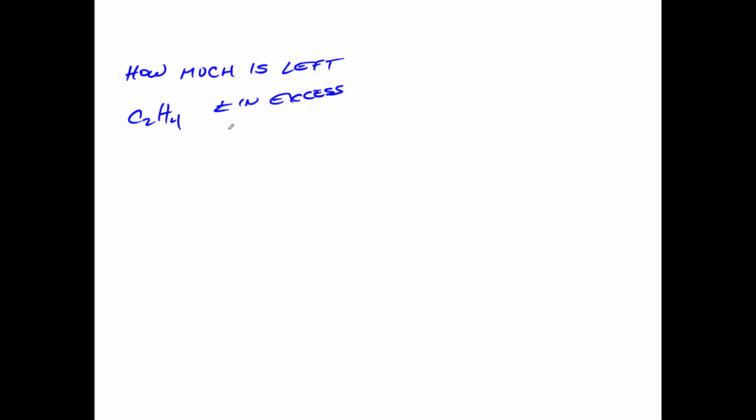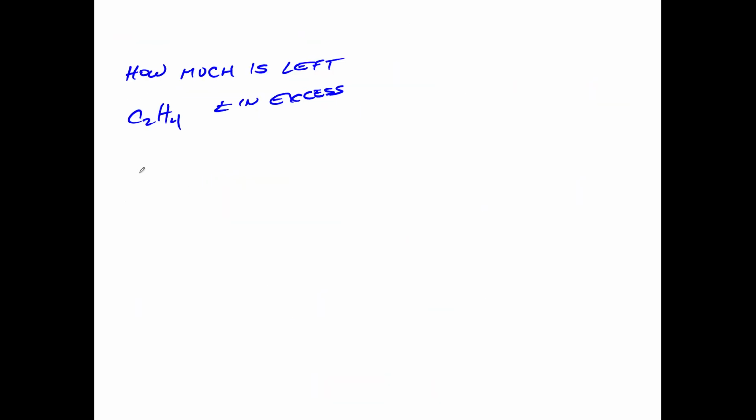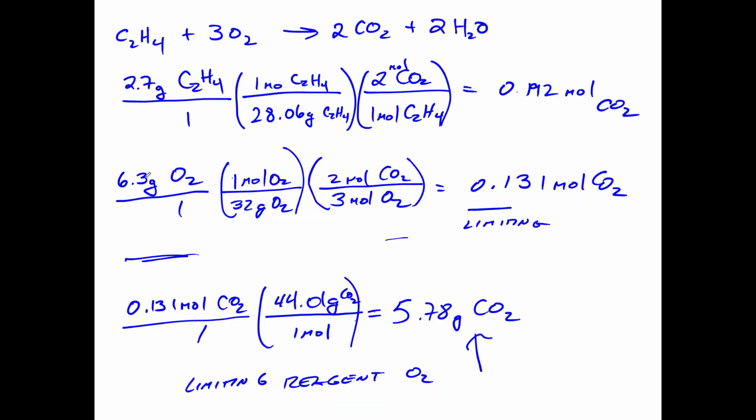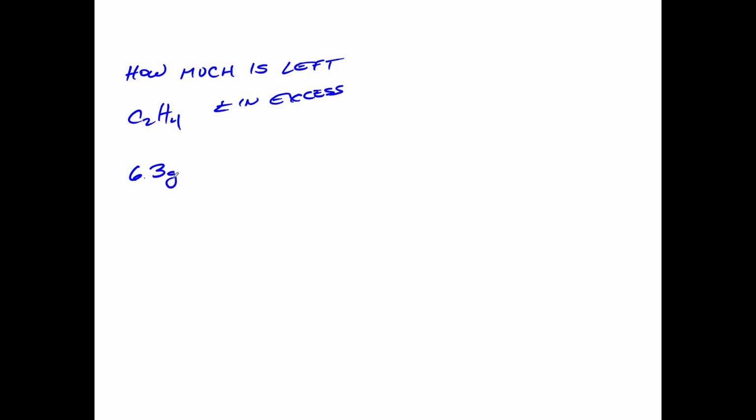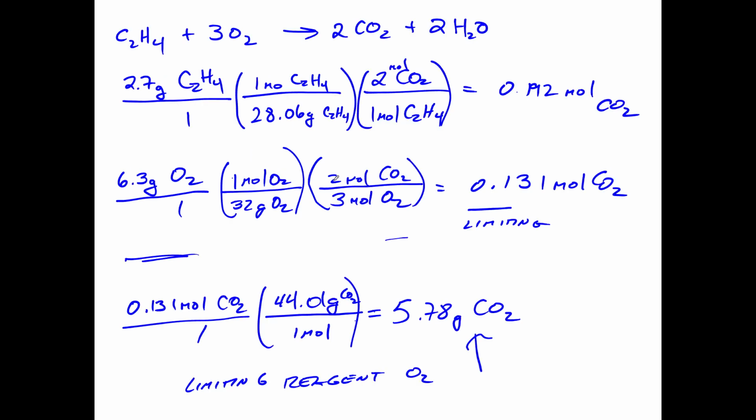And there's several ways to do this. One way is to take the 6.3 grams of O2, excuse me for flipping back and forth, multiplied by the molecular weight, which is 32 grams per mole. Then we're going to multiply by the ratio of C2H4 to O2, which is 1 to 3.